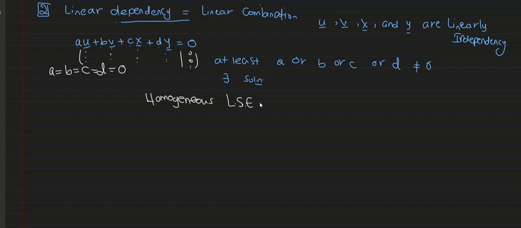And that type of system had how many solutions? It had a unique solution and infinite solutions, right? The unique one, we called it the trivial solution, which was zeros. It was only 0.